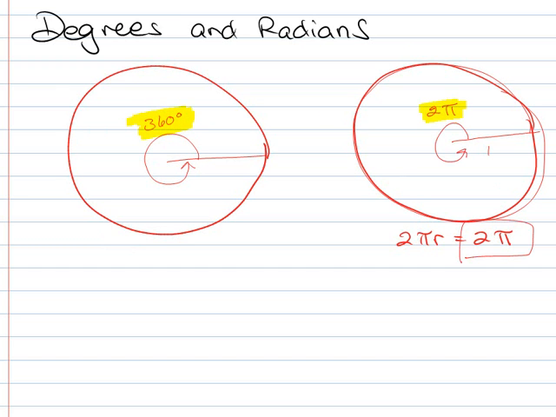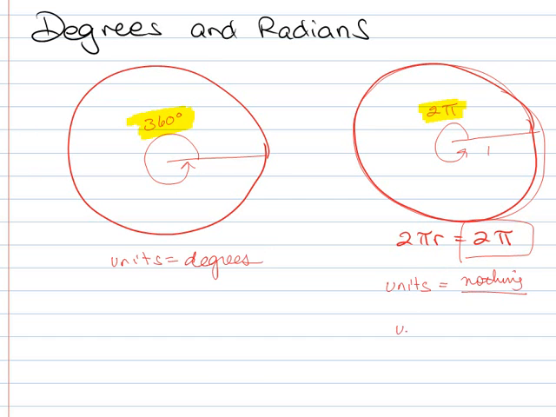Now, something important to note is that a degree has a degree symbol because it has a unit. The units are degrees. Now, in radians, you could say it's 2 pi radians, but actually the units on radians is nothing.